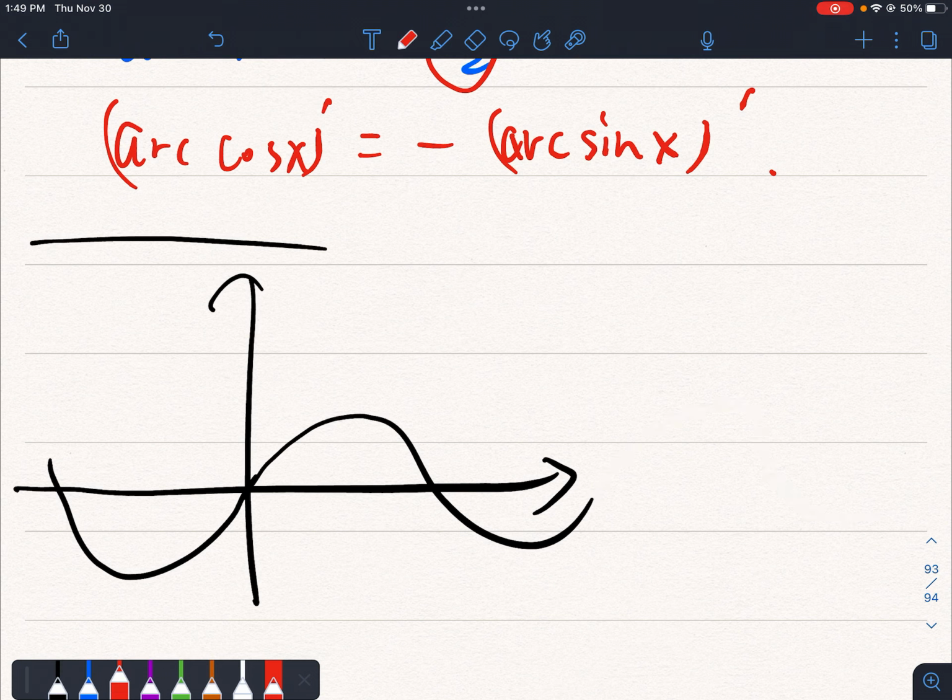Okay, so this is the graph of sine, and you can see that this function is periodic with period 2 pi. And also it is symmetric along x equals pi over 2, right? Because this is 0, this is pi over 2, this is pi, this is 3 pi over 2, and this point is 2 pi.